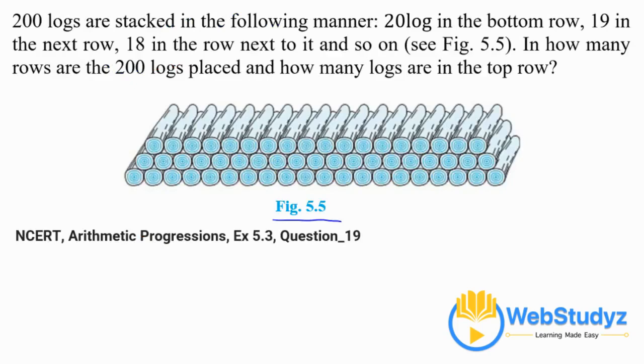So we have calculated how many rows the 200 logs are placed in, which is 16 rows, and how many logs are in the top row, which comes out to be 5.